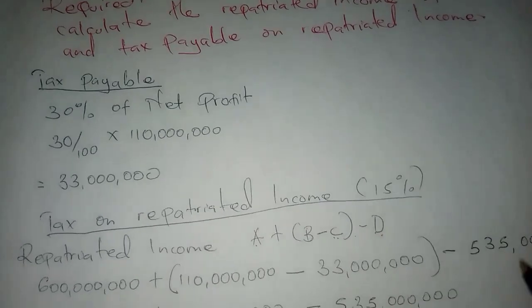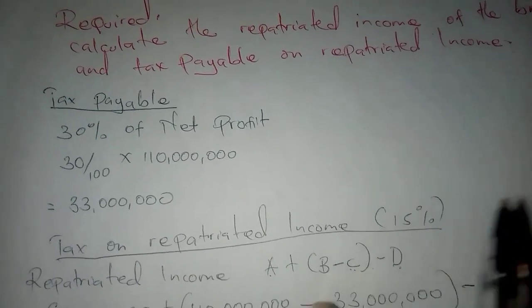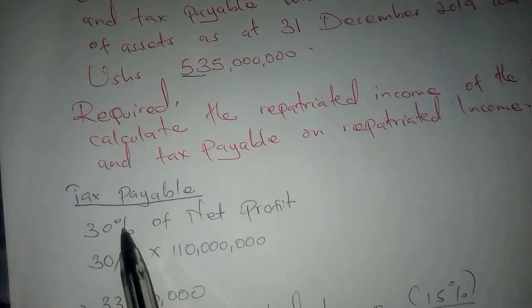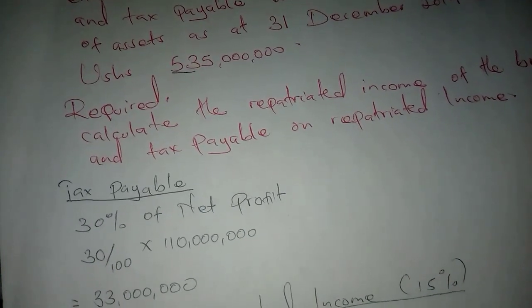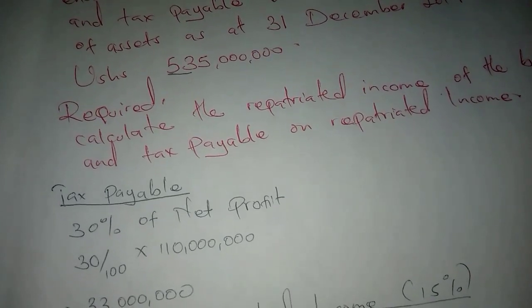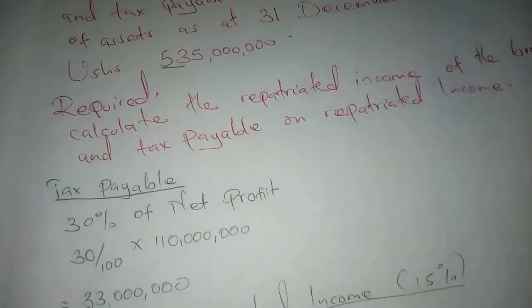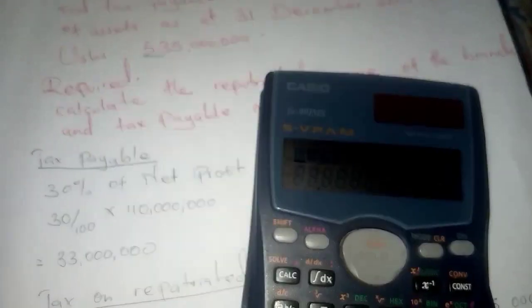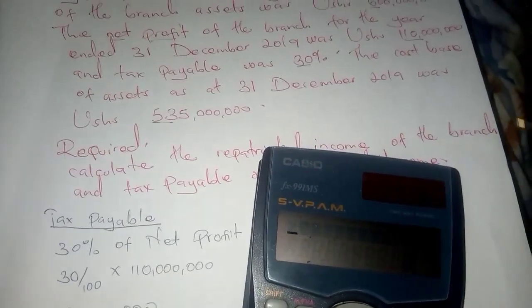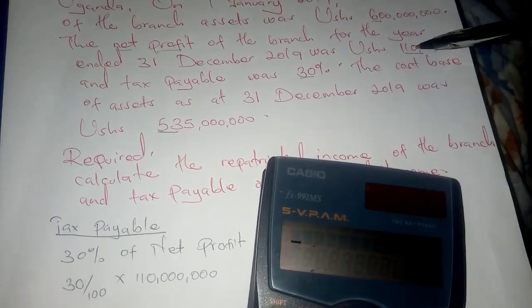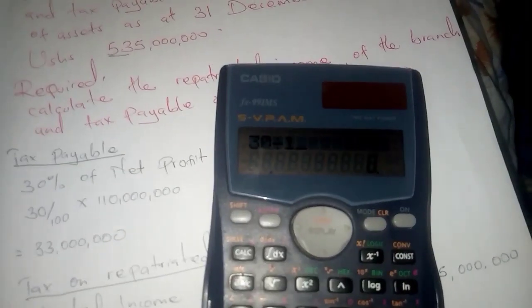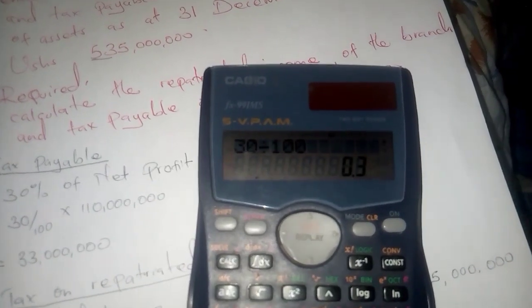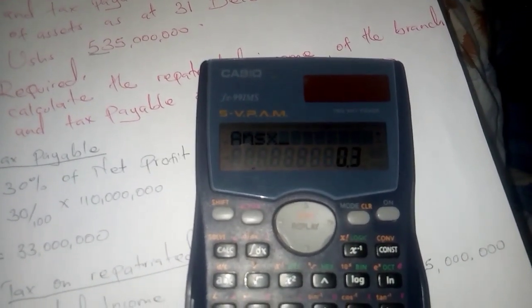So the tax payable, this C, we calculate it by getting 30% of net profit, since we say that branches pay 30% corporation tax. So 30% of net profits, and the net profit given in the question is 110 million. So 30 out of 100 times 110 million.